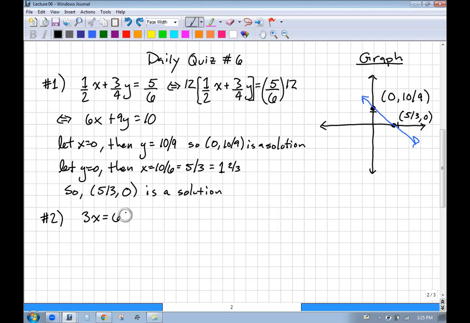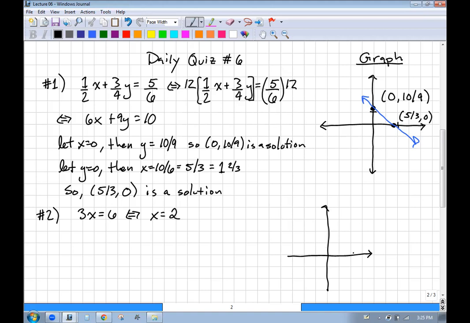Let's look at this one here. We want to graph this guy. Well, there are no y values, right? So that's kind of awkward, but that's okay. If I divide both sides by 3, this is the same thing as saying x equals 2.